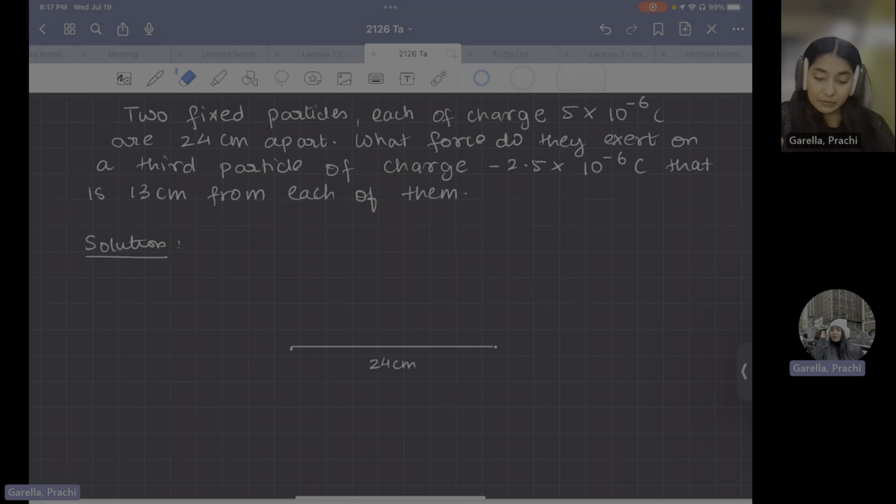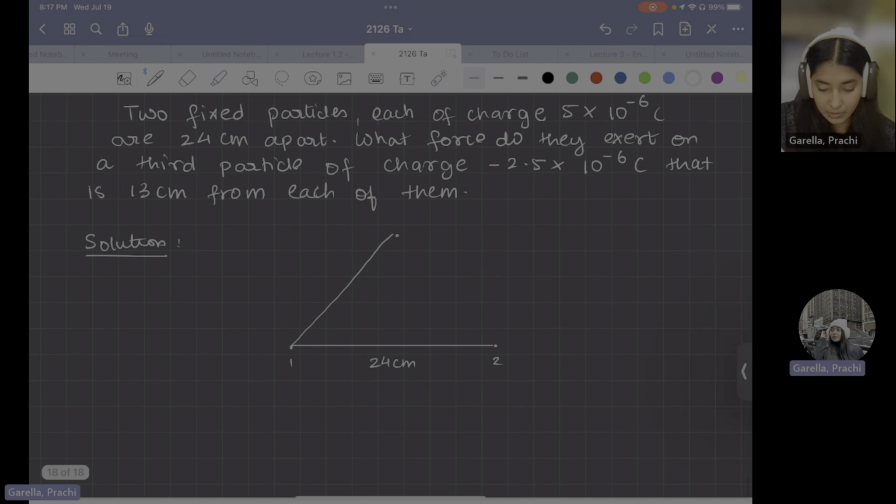Now we have a third charge, so let's call them 1, 2. The third charge is 13 centimeters from both of them, so we can draw it like this. This is the third charge, so this is 13 centimeters and this is 13 centimeters.